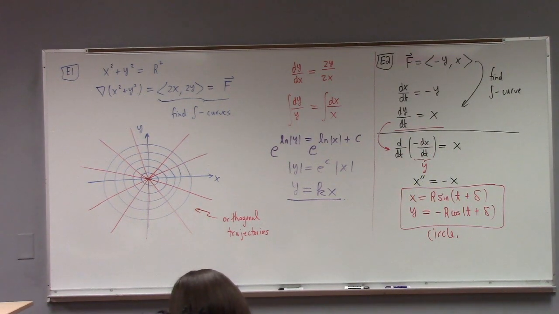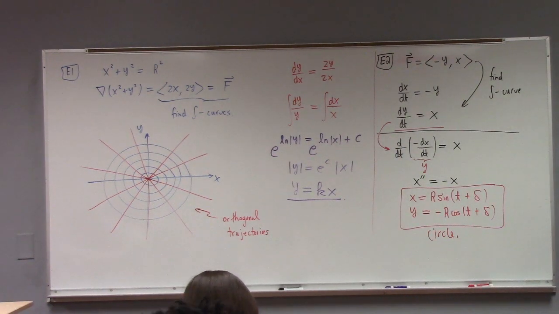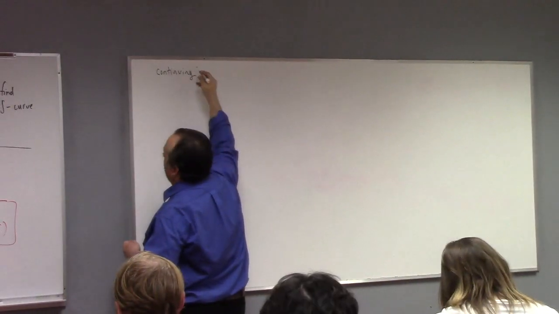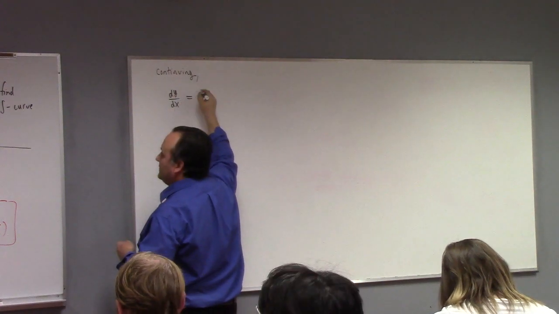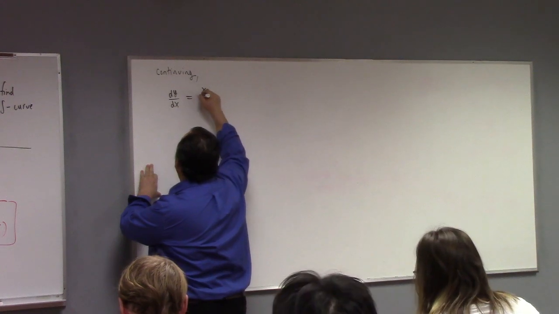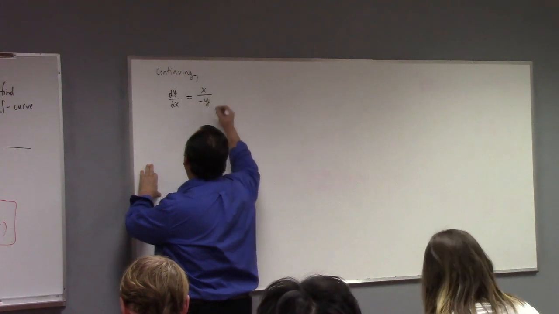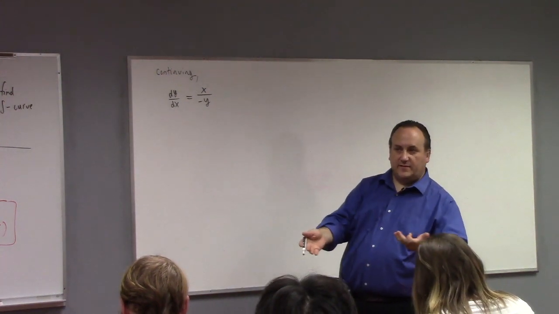So continuing example 2 over here. What if we took the other approach? What if we solved dy dx equals x over minus y, right? Of course, we could use separation of variables.